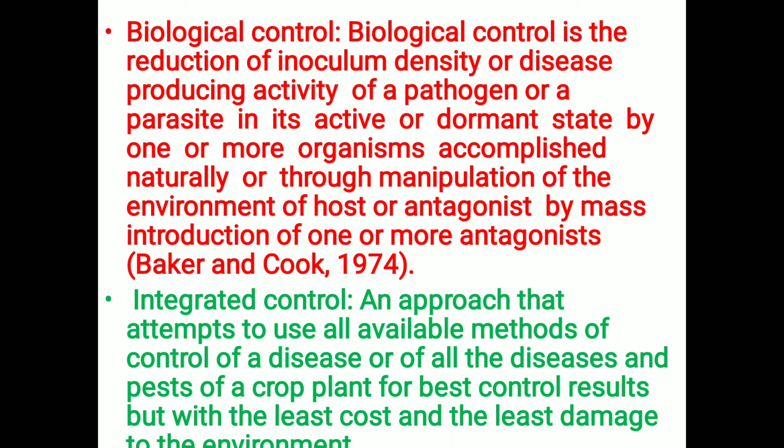When we use them in combination for the management of that particular disease, the result has the least cost and the least damage to the environment and to the crop. Such a method is called integrated control.